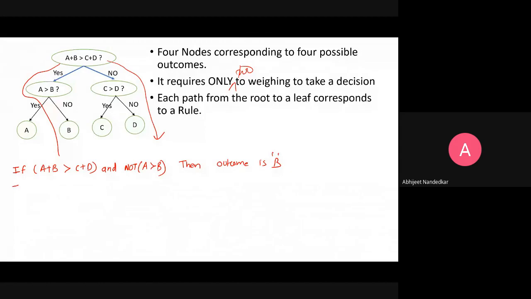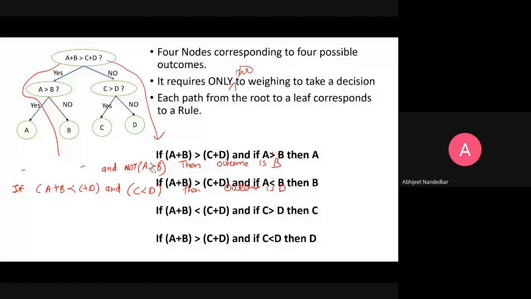So if A plus B is actually less than C plus D, and say not, or I can say C is less than D, then outcome is D. We can form four rules for each leaf node in this structure.